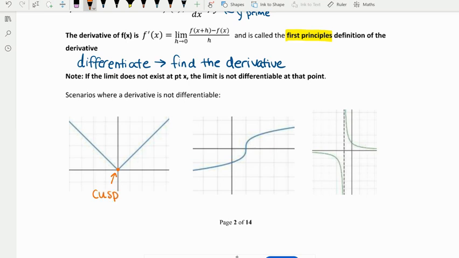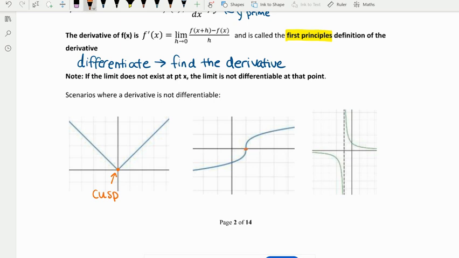You can't differentiate at that corner because if you think about it, you have just a sudden change in your tangent. So tangent coming from the left side has a slope that looks like this, but a tangent, once you turn that corner on the other side, suddenly looks like this. So you don't have the same value. You're suddenly turning a corner, so you can't differentiate or find the derivative at that point.